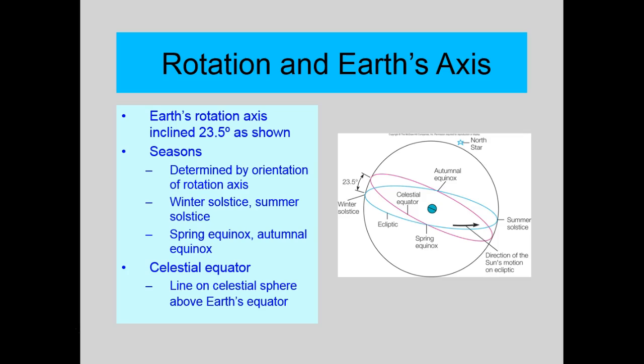So between spring equinox here and summer solstice there, that's our spring season. Between summer solstice and autumnal equinox, that's our summer season. And we're right about there right now. Between autumnal equinox and winter solstice, that's our fall season. Between winter solstice and spring equinox, that's our winter season.